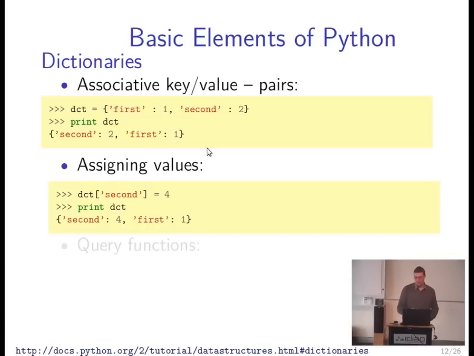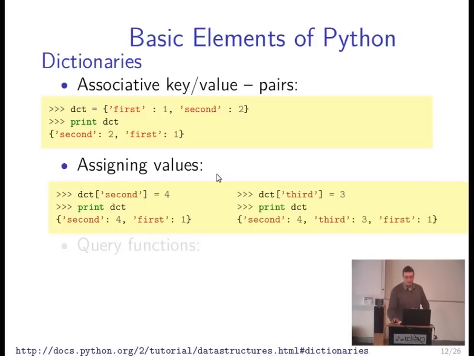And when you have a dictionary and you want to assign a value there, you just, as I said, index it with the name that you put here with the key, and you assign a new value. And when you then print the dictionary again, you will see that the value for the second key has changed, while the value for the first key is still unchanged.